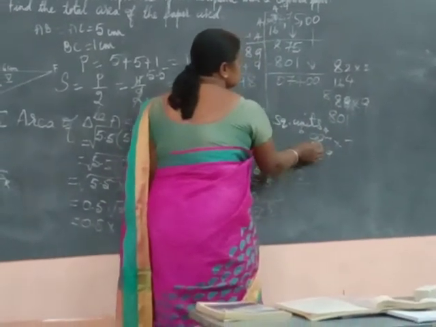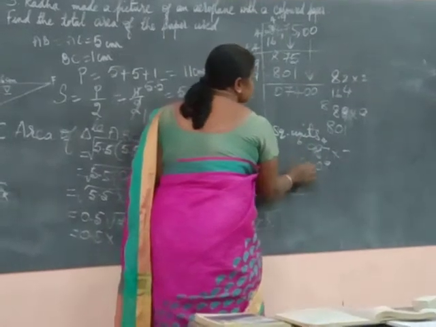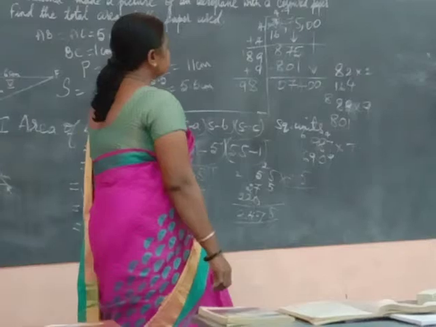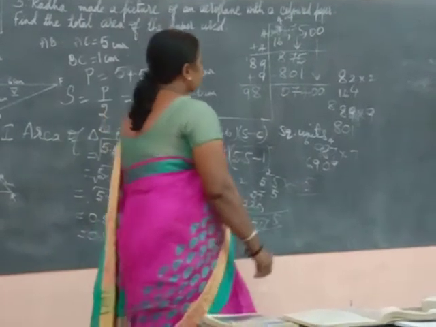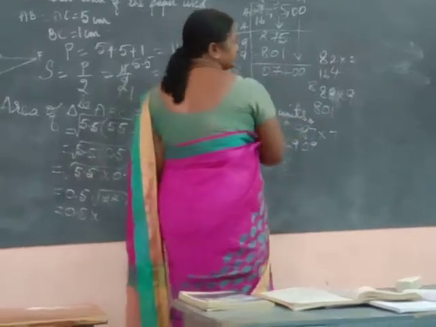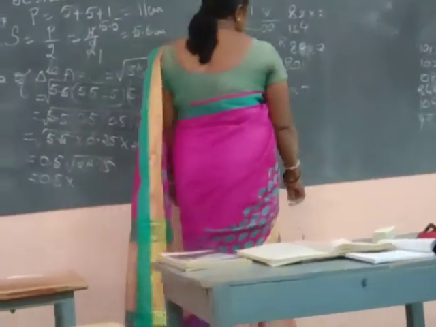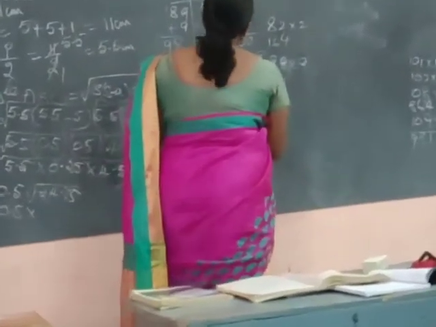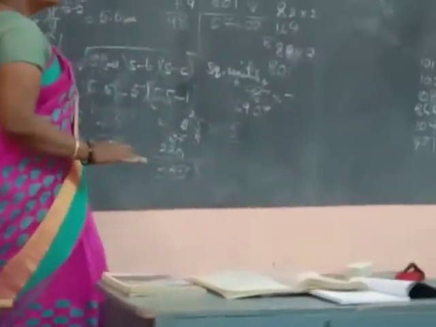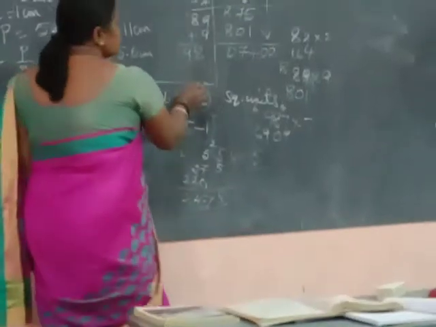Then next 7 9s are 63. 69. Very nice number. 9 nines are 81, we will get 8 there. So 7 only, because if you take 8, it will become more. Okay. 7.